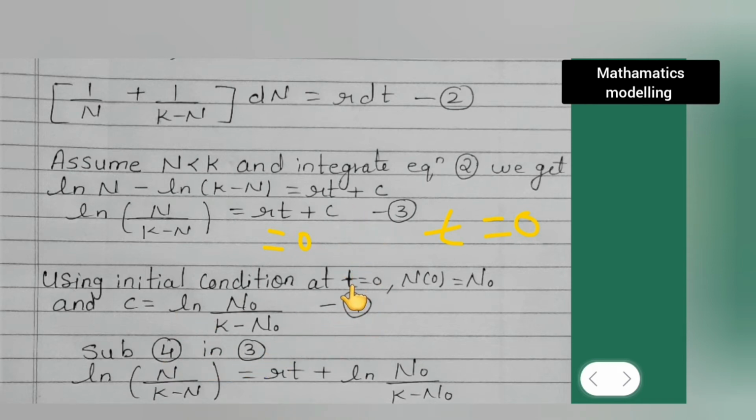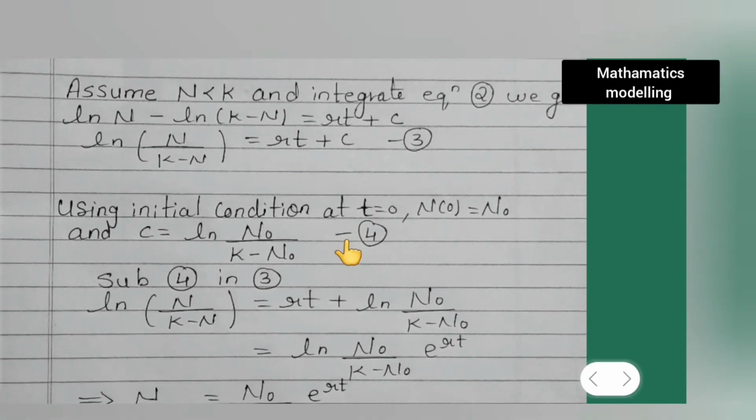So what you are going to get is ln of N upon (k minus N) equal to rt plus the value of C, which is ln of N naught upon (k minus N naught). Plug this value of C in equation 3.